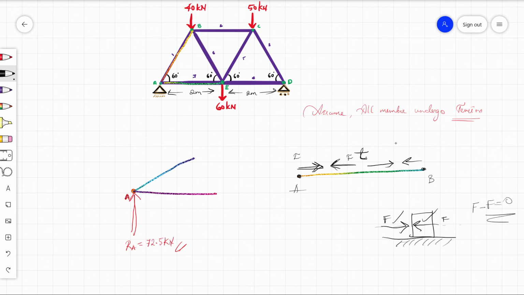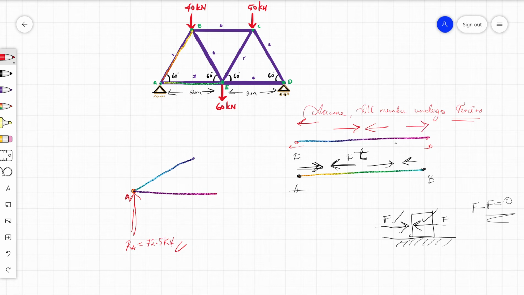The same for the member AB: I assumed everything is in tension now, but if I assume compression, if both are in compression, then to be in equilibrium, the resistance or reactive force from the joint should be in this direction.